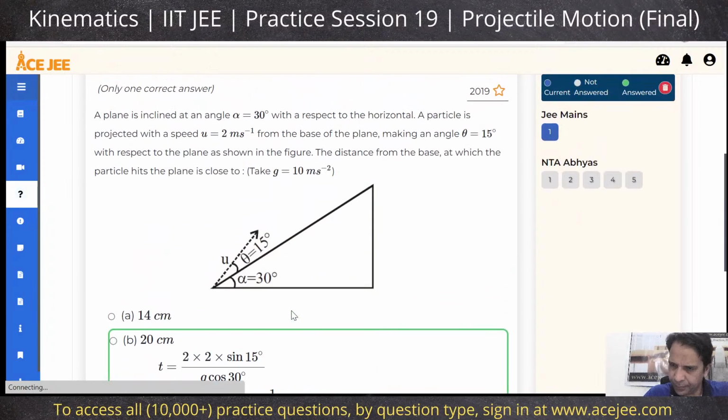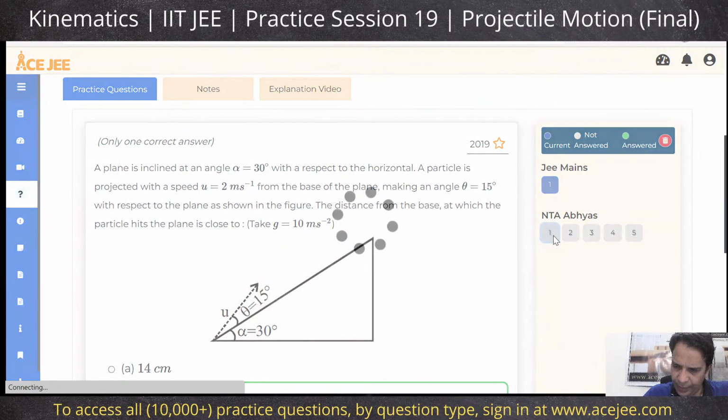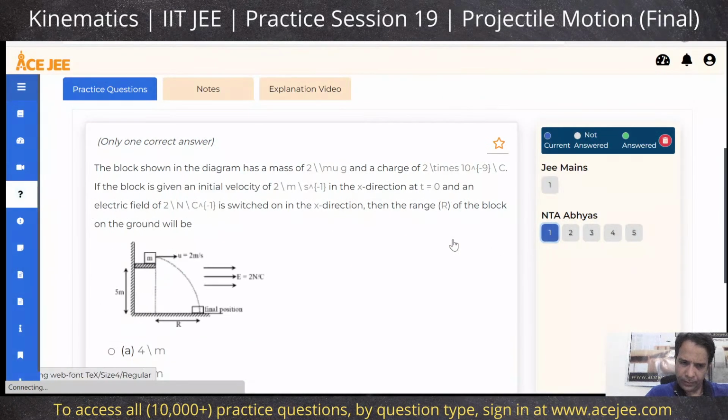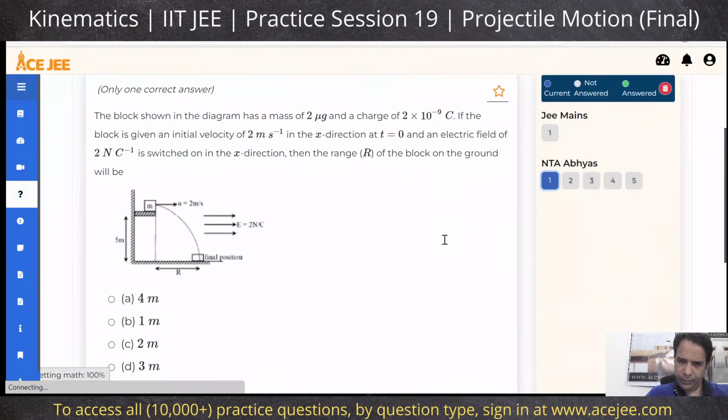Okay, so let's quickly go through the anti-abhyas questions. What do we have here? We have the block shown in the diagram with a mass of 2 microgram and a charge of 2 into 10 to the power minus.